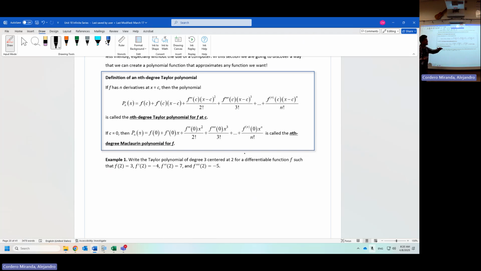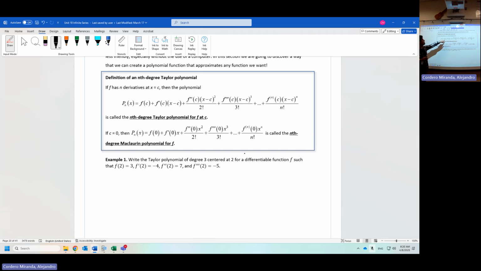And the idea for that is exactly what we just did, except shift over the function by however much. So if I'm trying to match it at 2, I would take f of 2 and then f prime of 2 times x minus 2 instead of just x. It'd be x minus 2 to shift it over. Once we do an example, you might see what the idea is.